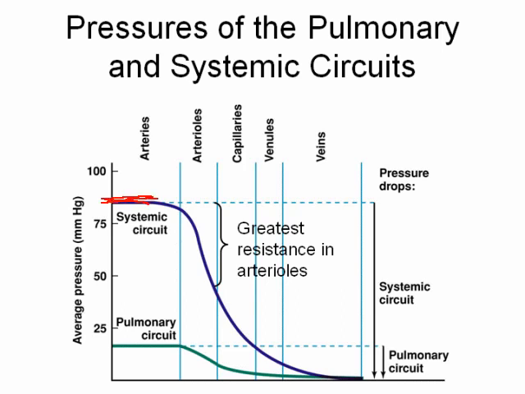Blood pressure coming into either the systemic circuit or the pulmonary circuit is indicated here. The greatest drop in pressure, this amount here, is greater in the arterioles than in any other area. Pressure drop in the capillaries is smaller, and pressure drop in other parts of the circuitry is smaller. So the arterioles are where we have the greatest resistance.